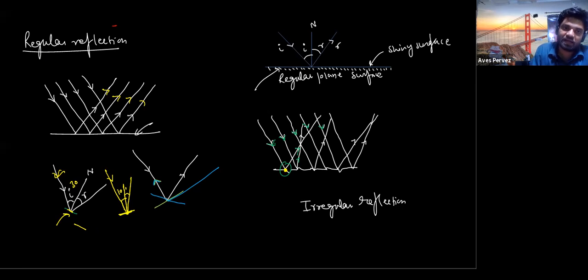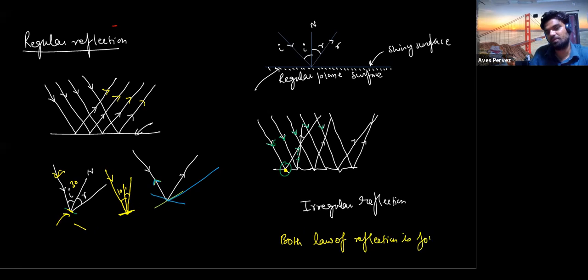So in both regular and irregular reflection, the law of reflection is followed. Got it, dear student? Yes, sir. Or still having some doubt? Let's move on. Take a screenshot of this one, please.